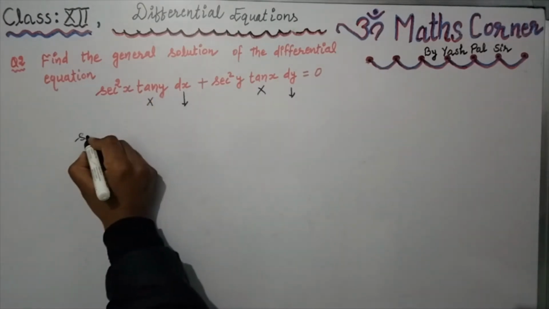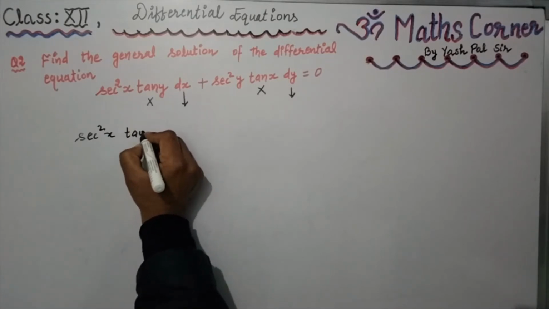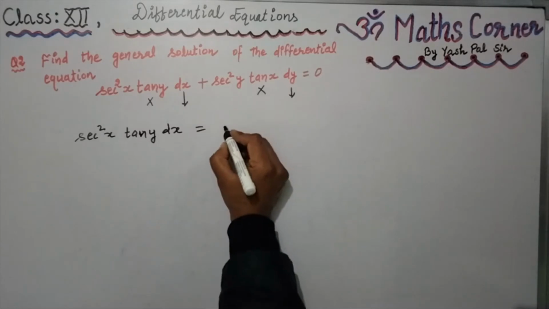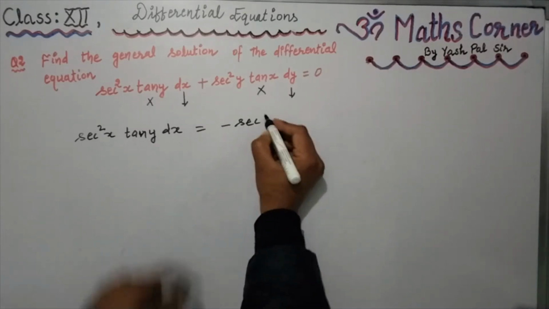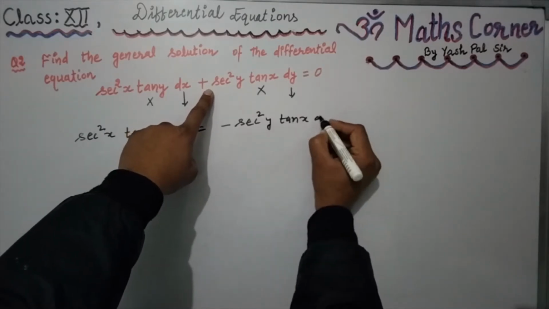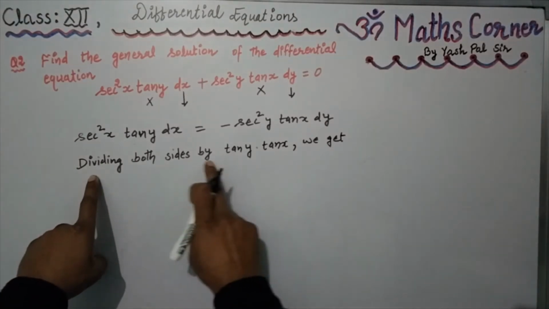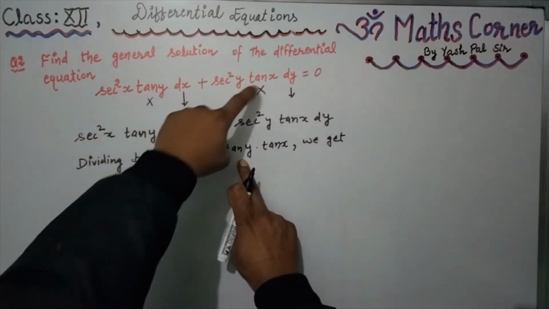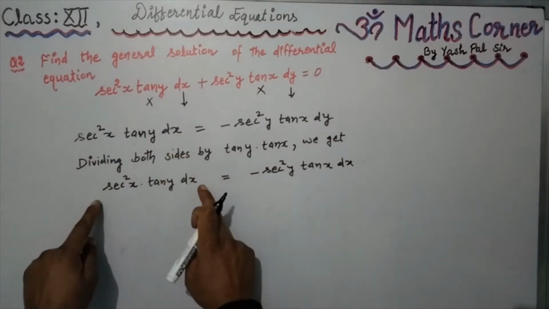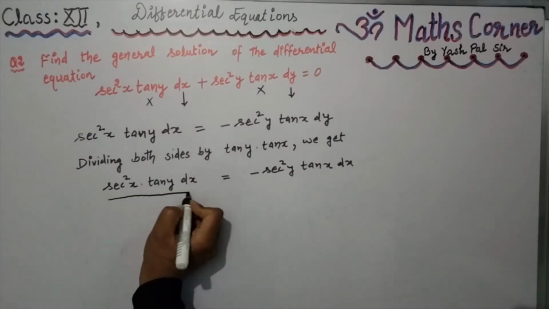First of all, we write the equation as secant square x into tangent y into dx is equal to minus secant square y into tangent x into dy. Now dividing both sides by tangent y into tangent x, we write the left side as it is and the right side as it is.